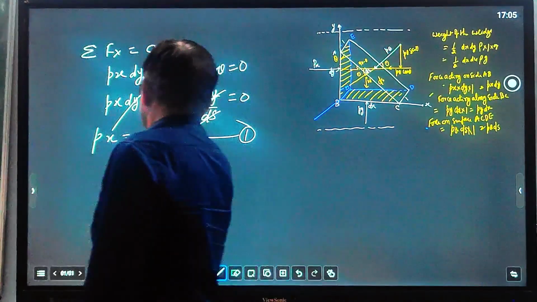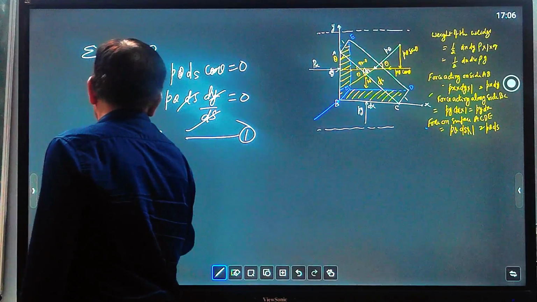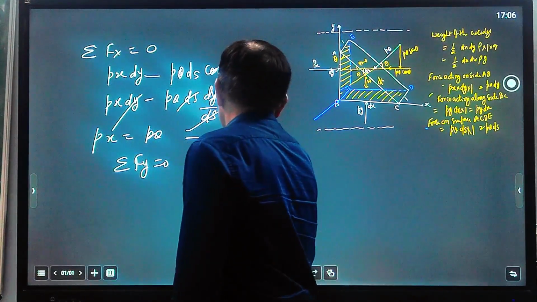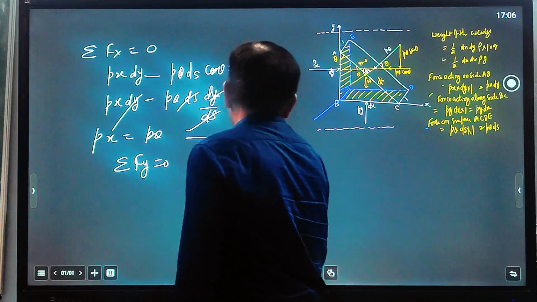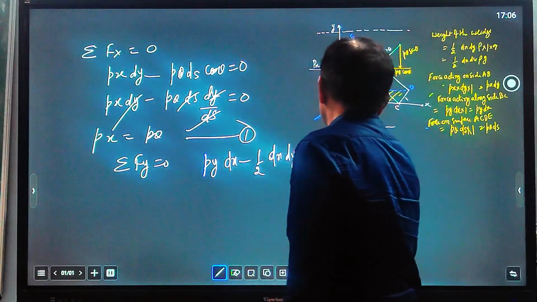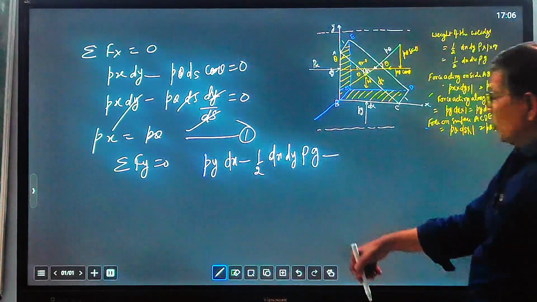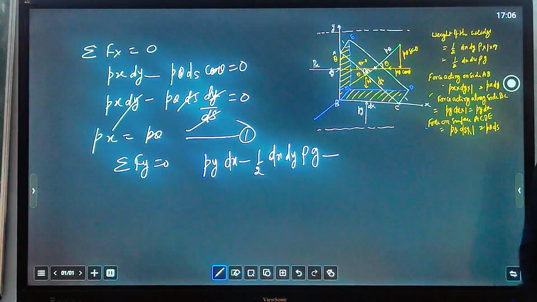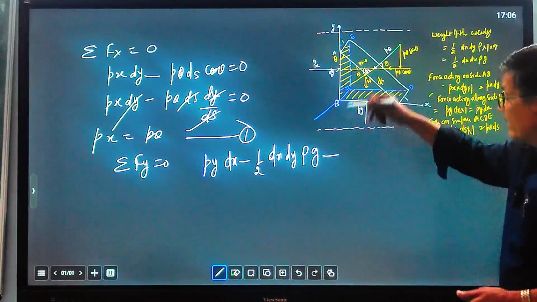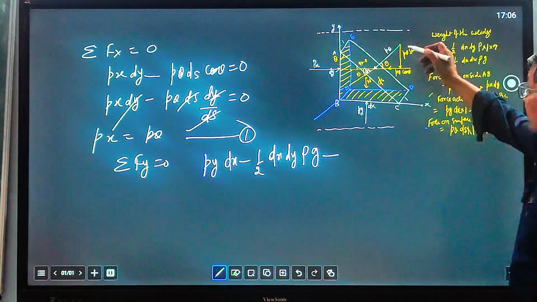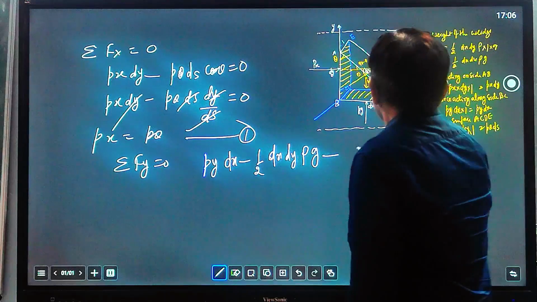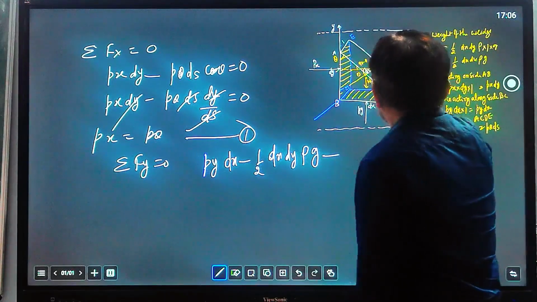Now similarly we also resolve forces along the y direction. So sigma Fy equal to 0 means py into dx minus 1 by 2 dx dy rho g, the weight of the fluid inside the wedge acting downward, minus the vertical component of P theta also acting downward, so P theta sin theta, which is this component.